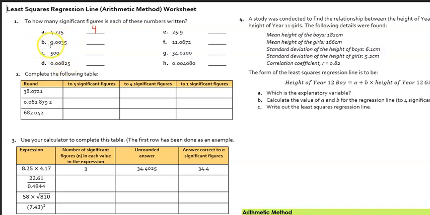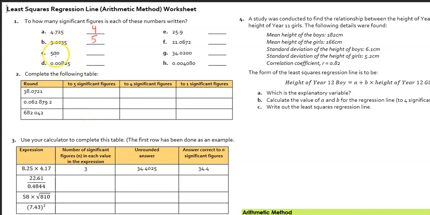Because this number leads with a 9, which is a non-zero number, anything after that decimal point is considered significant. So this 9 is significant, and as a consequence, after the decimal point, everything is significant afterwards. So 1, 2, 3, 4, 5. There are 5 significant numbers.